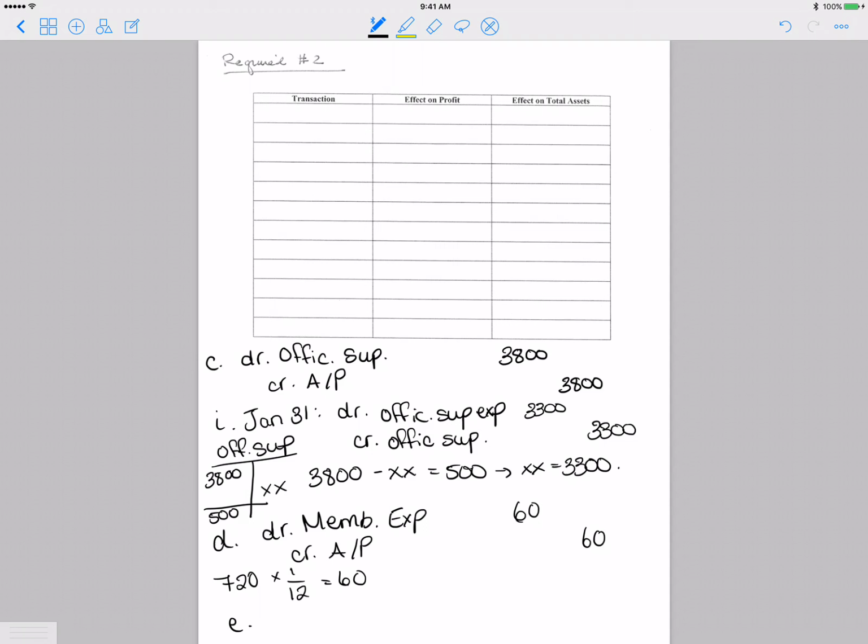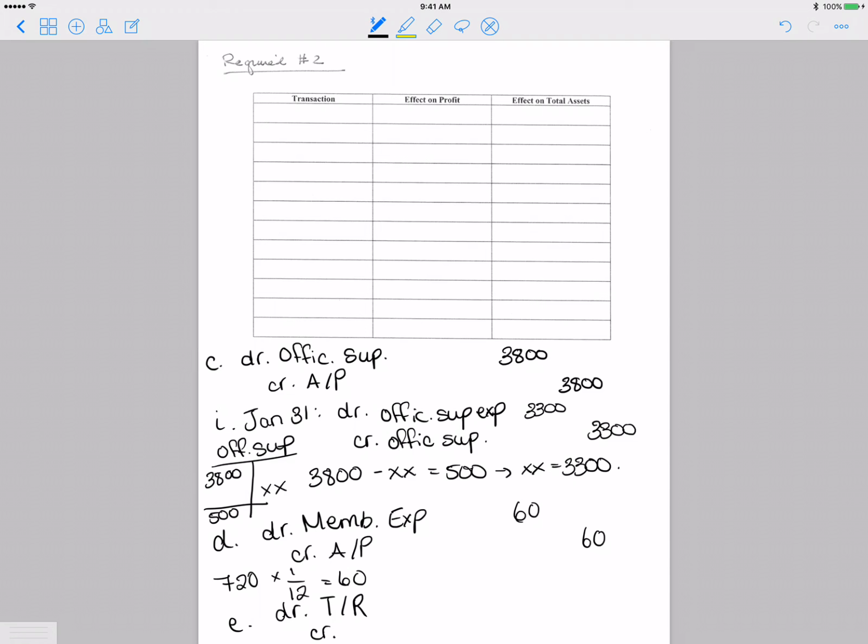So we need to look at a revenue that he's earned, and something that he's now owed. So if he hasn't been paid, we put it into either trade receivables or accounts receivable. Your teachers will let you know which one they prefer or if they accept both. And then we need to record a revenue.